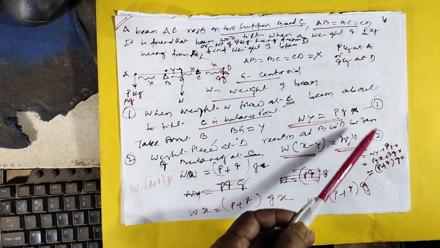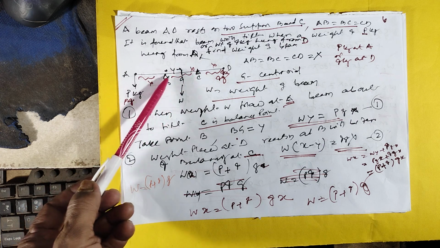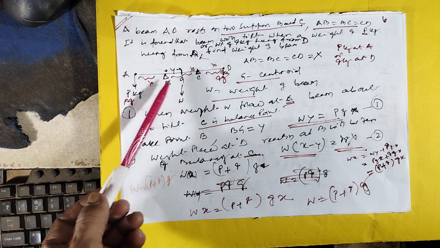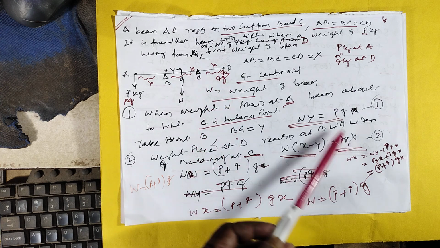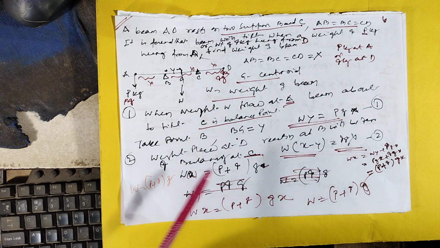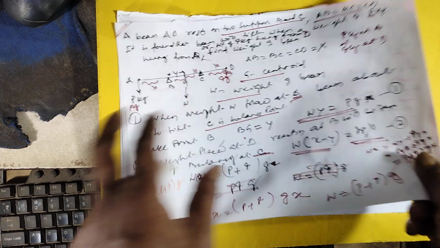W into y is equal to Pgx. Similarly in this case, this is the point. From this point to this point, x minus y is equal to Qgx, so Qgx because Q is the kg. Solve it, W, the weight of the beam, is coming (P plus Q) into g.